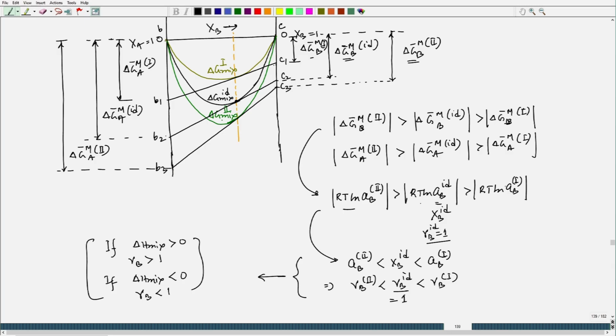So if delta G mix has very deep, highly negative values, considering delta H mix to be highly negative, then that solution needs to be more stable. That stability would help, for example, a liquid where delta H mix of the liquid is highly negative. So similarly, delta G mix of the liquid phase will also be highly negative. That indicates that the liquid phase should try to be stable compared to any other phase.